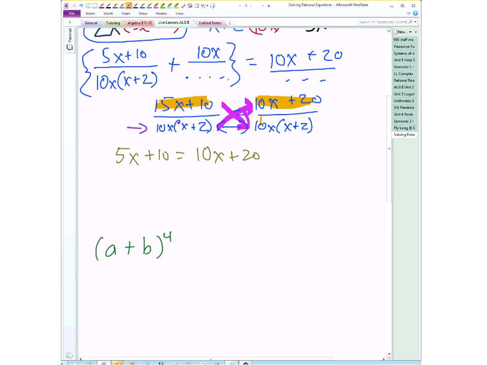But if you don't have to deal with the quadratic, this is a lot easier to solve. If I cross-multiply here, I'm going to have 100x squared on one side and 150x squared. So I'm looking at very large coefficients on my x squared term, which I personally would like to avoid.